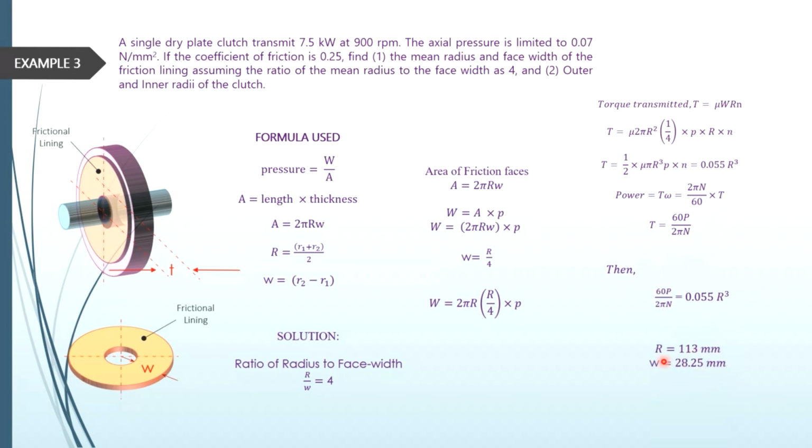From this, you'll be able to find the mean radius 113 and the width of the friction surface to be 28.25 mm when you solve this equation. Based on the mean radius, you can find your R1 and R2 at a later stage. Okay, that's all. Thank you.